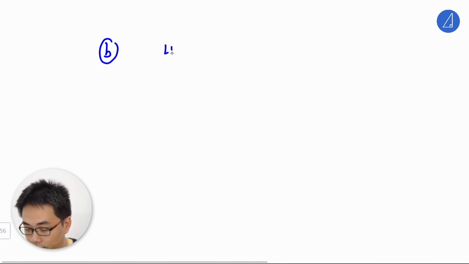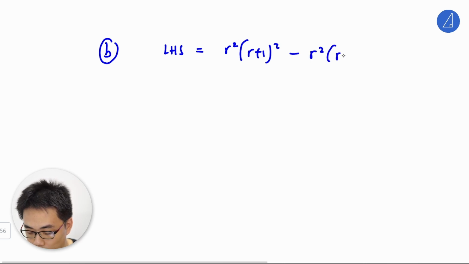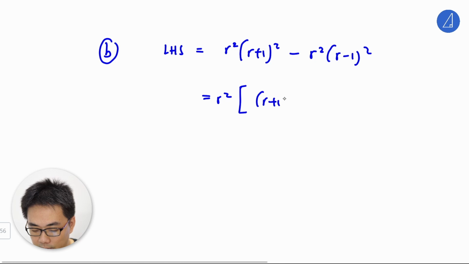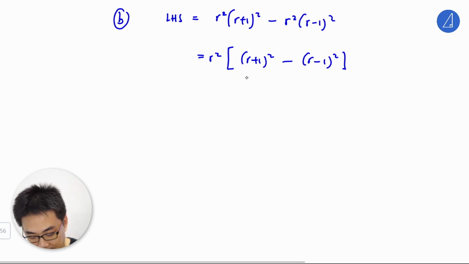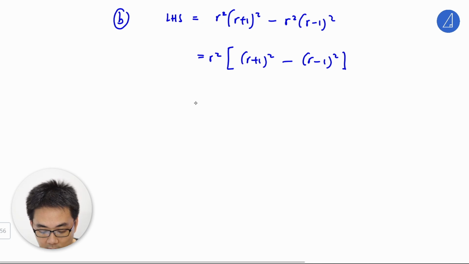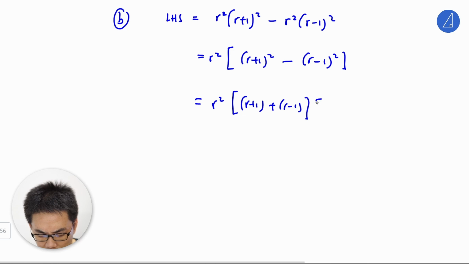With left hand side, r square r plus 1 square minus r square r minus 1 square. So you just factorize it out. R square, maybe r plus 1 square minus r minus 1 square. Then this one is a square minus b square. So you still can factorize the difference in squares. So it's r plus 1 plus r minus 1, r plus 1 minus r minus 1.